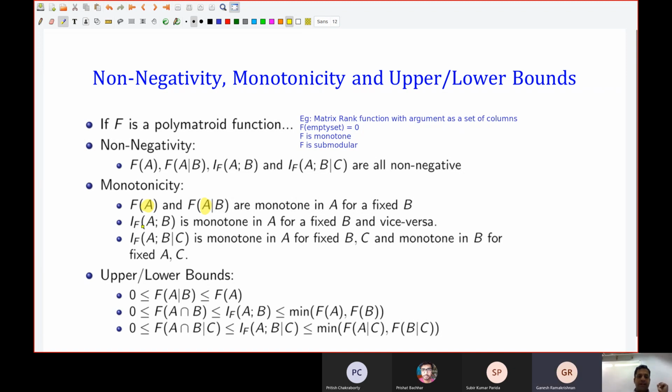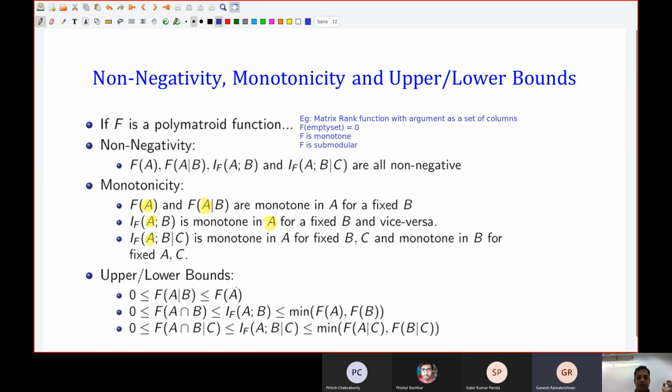Likewise, monotonicity is for I F of A, B if you have B fixed. Then it's a function of A. You can't have it as monotone for both. So just taking this ahead, if you have B and C fixed, then it's monotone in A. Or if you have A and C fixed, it's monotone in B. Also, as the conditioning increases in size, the function value reduces.